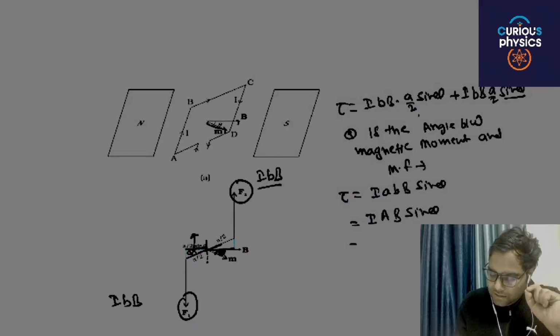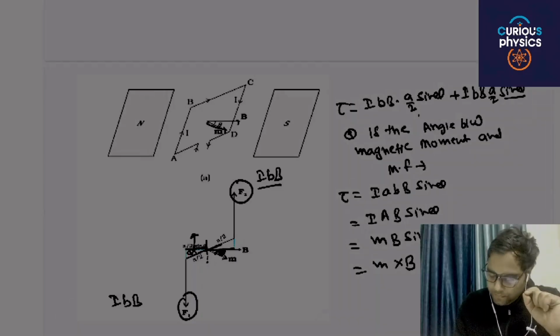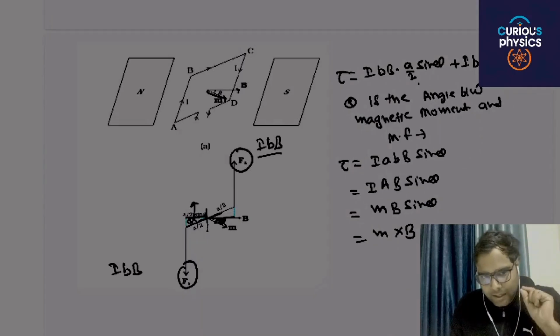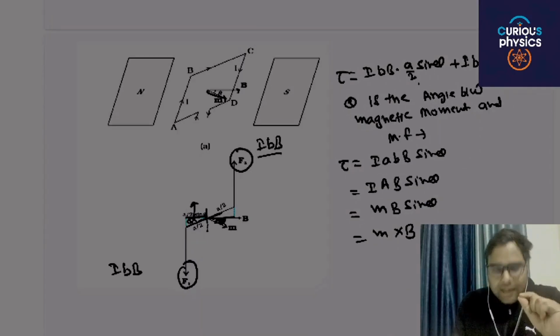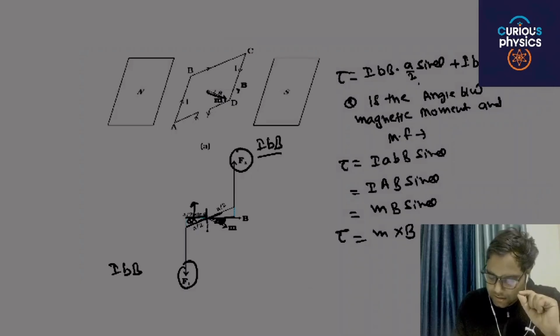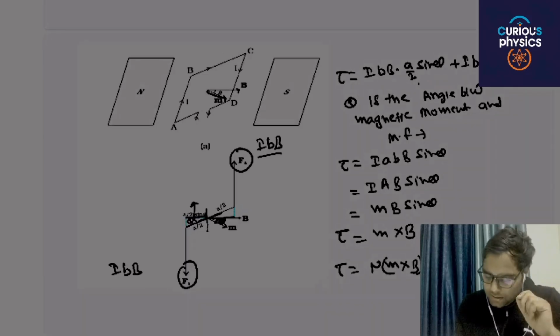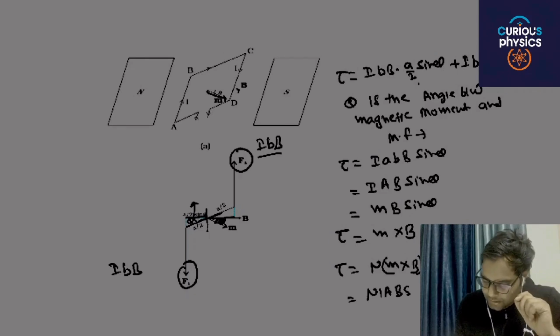IA is what we have just defined as M, so torque is M B sine theta, or you can say M cross B, and theta is the angle between magnetic moment and magnetic field. If there are n turns in the loop, then the torque will be N M cross B. Are you able to understand my point or not? Or you can say this is equal to N I A B sine theta.